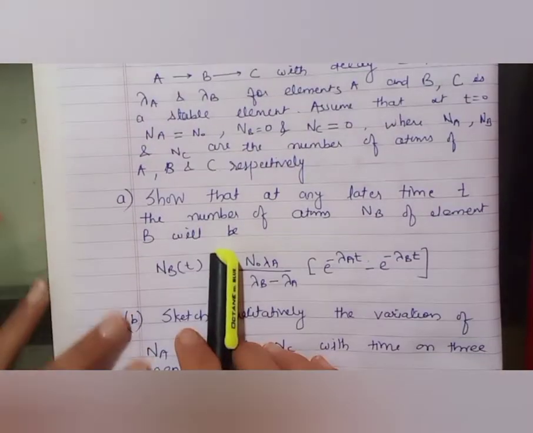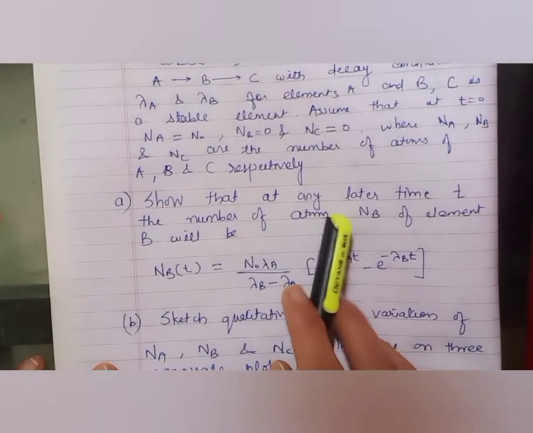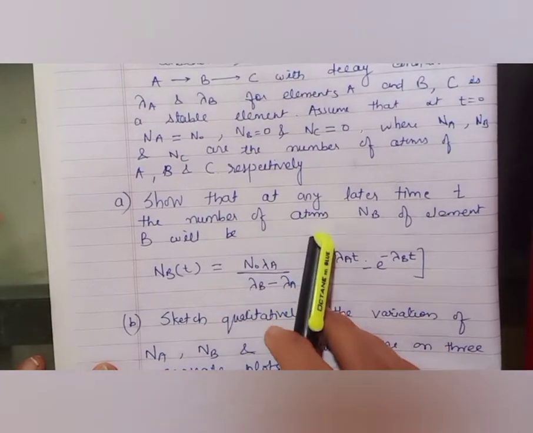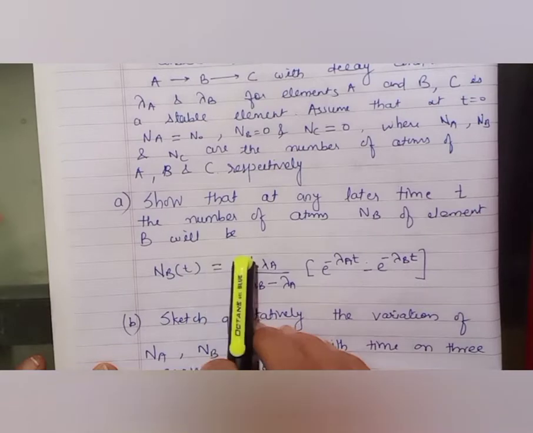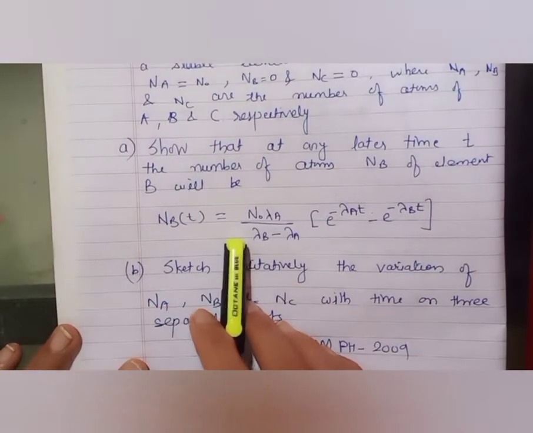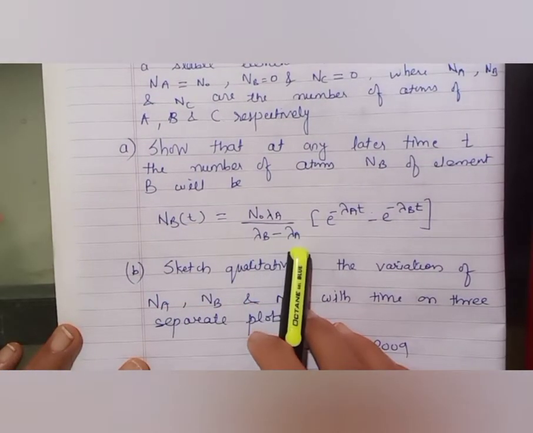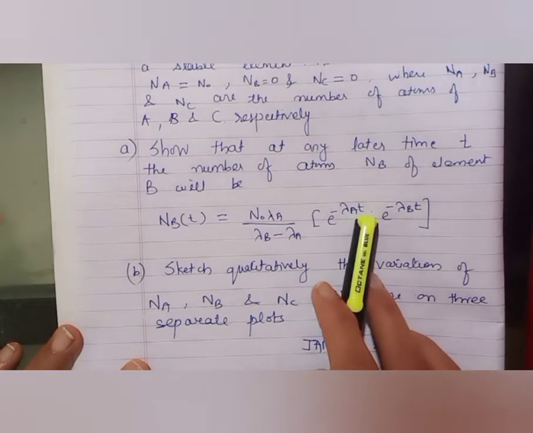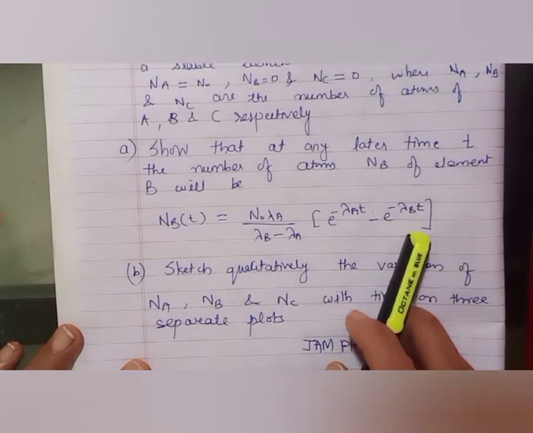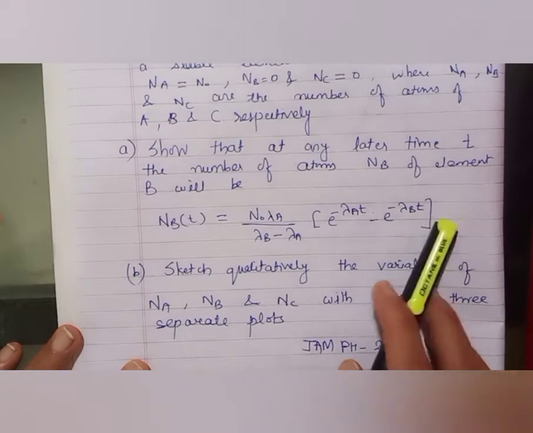Show that at any later time t, the number of atoms Nb of element B will be Nb of t equals N0 lambda A upon lambda B minus lambda A, e raised to minus lambda A t minus e raised to minus lambda B t.